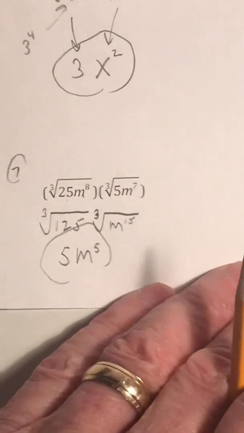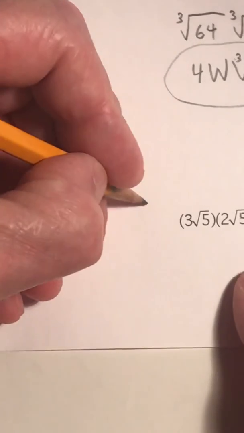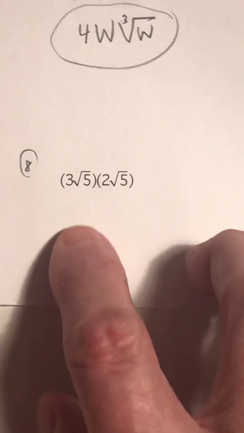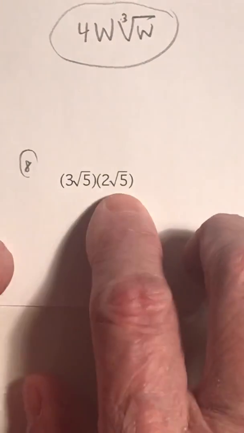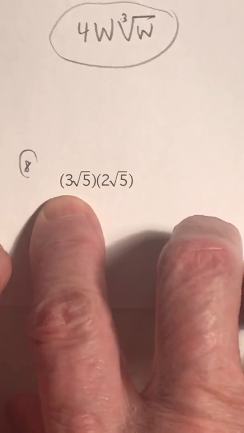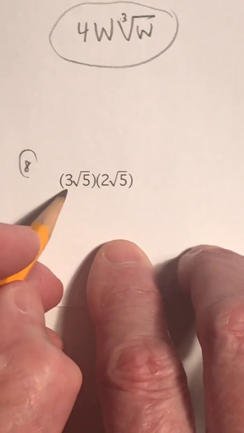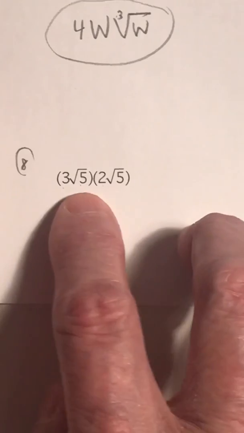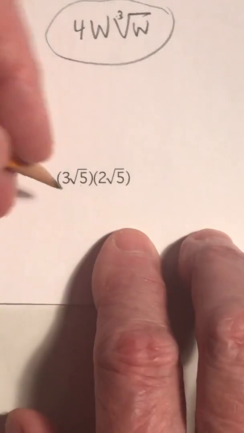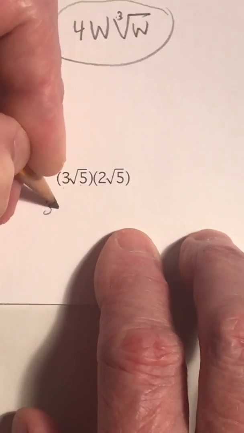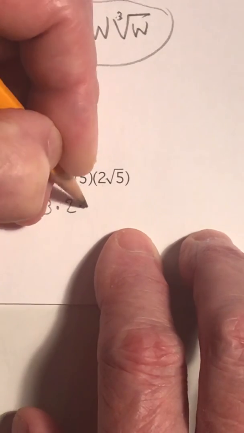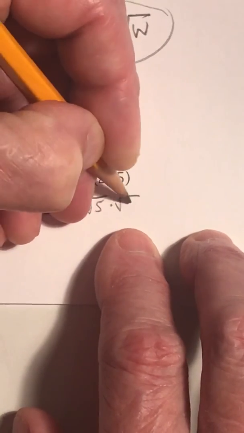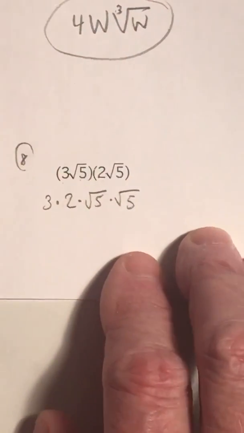And lastly, I didn't number this one. Number 8. This is multiplication, of course, and you can think of it as 4 things being multiplied. 3 times root 5 times 2 times root 5. So since it's all multiplication, we are free to rearrange the order of the different factors.